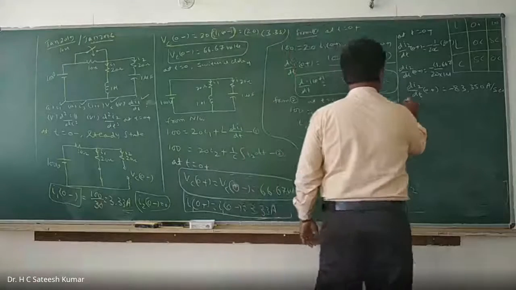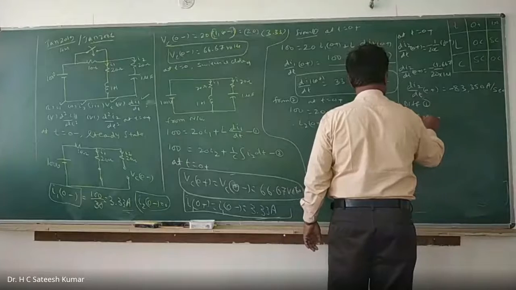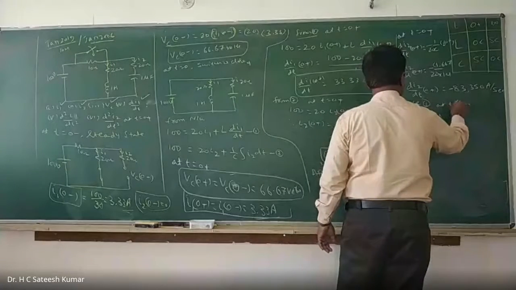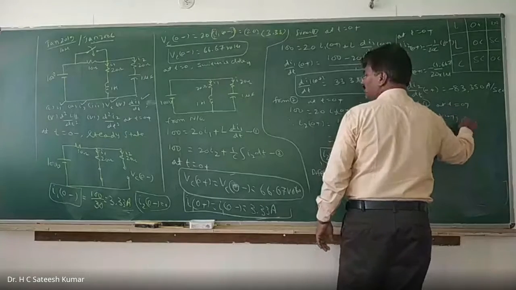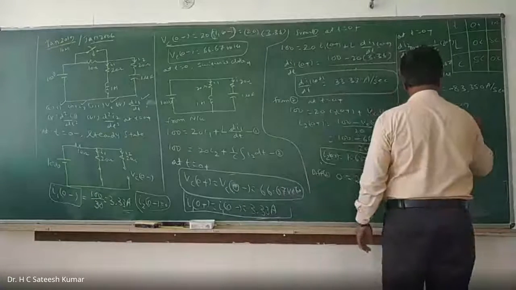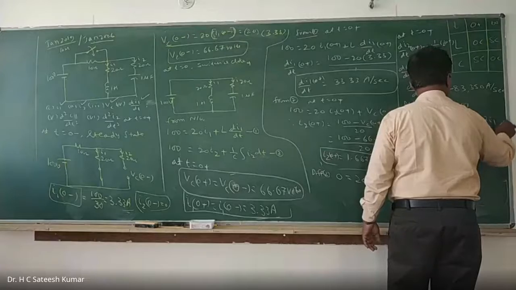Differentiating 1, what will you get? 0 is equal to 20 into di1/dt at t is equal to 0 plus, plus L into d squared I1 by dt square at 0 plus.